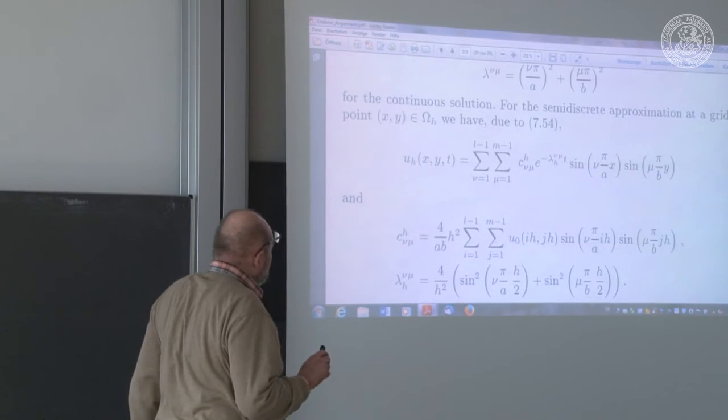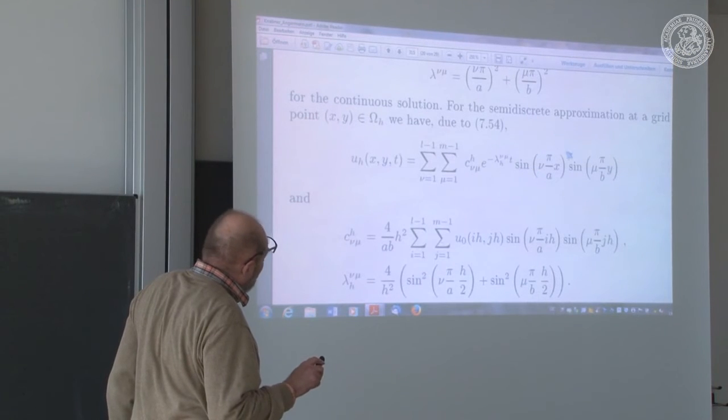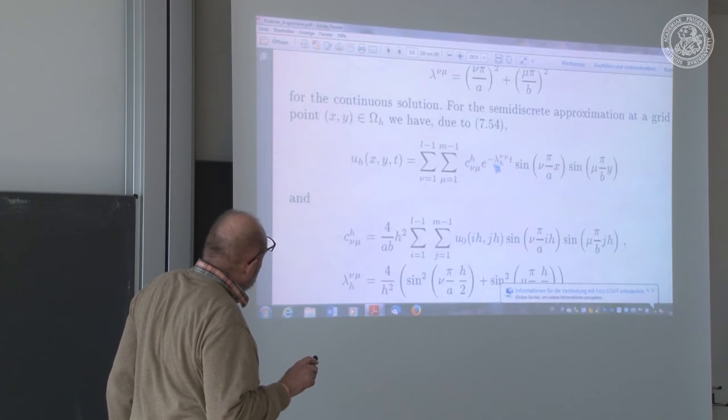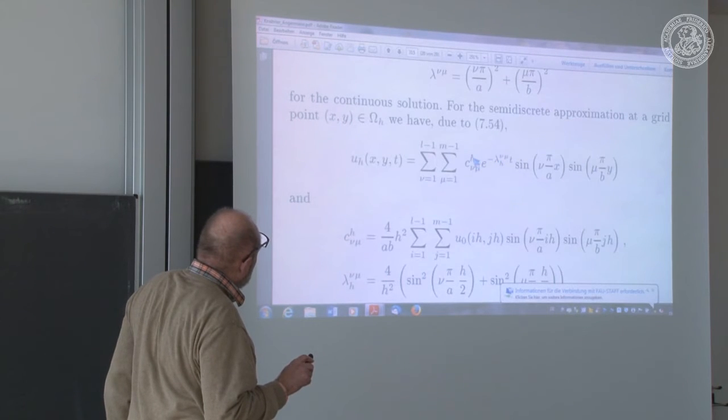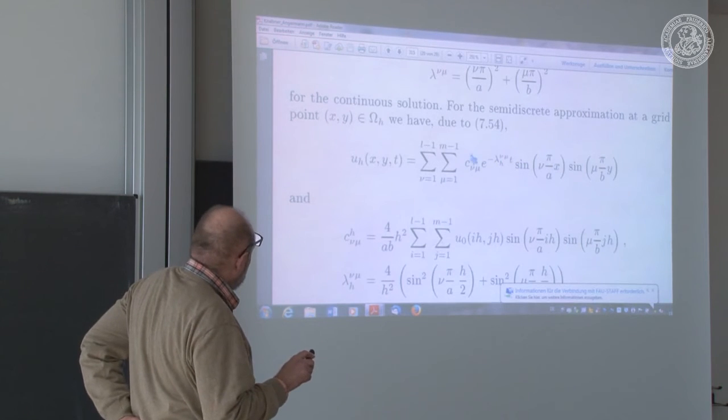So what do we have? We have here our eigenfunctions or our eigentuples. Here is the corresponding decreasing term with the eigenvalues. Here we have the corresponding Fourier coefficients. And what are the Fourier coefficients?